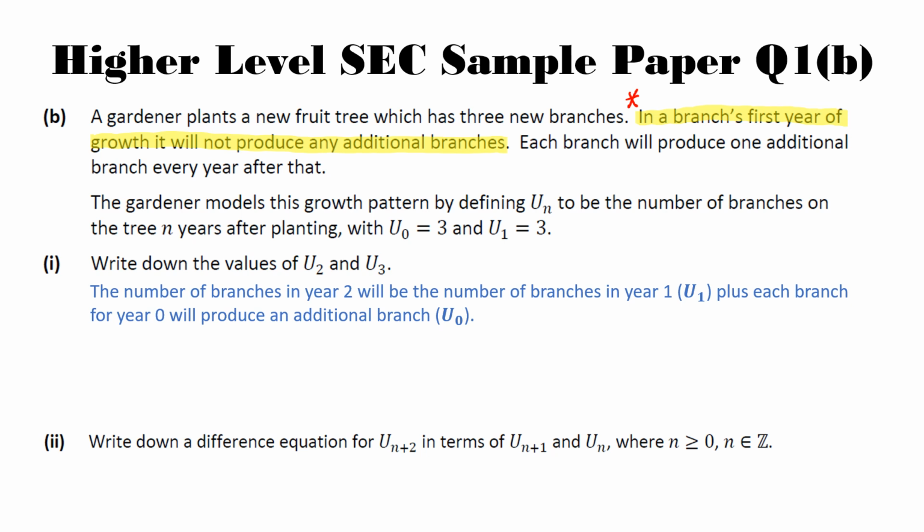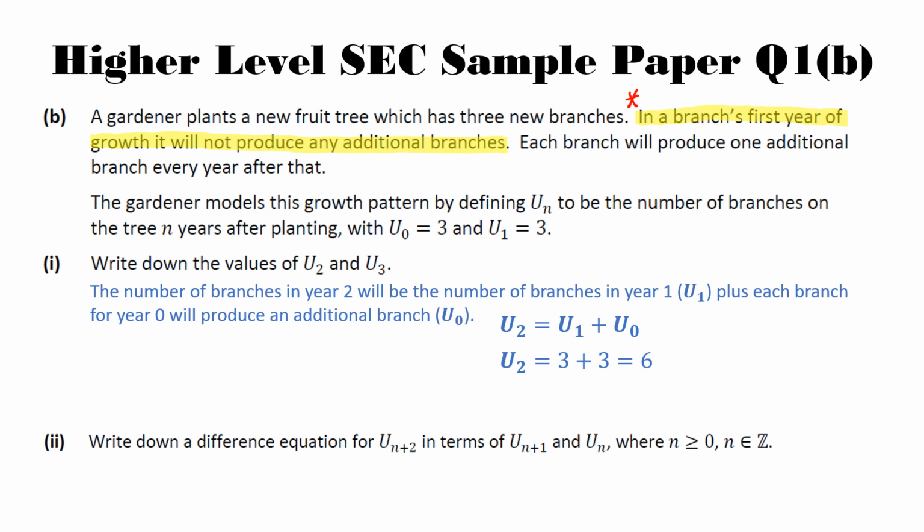So what you need to think about is everything that was there last year is still there, plus anything that's over a year old, so really 2 years plus, is going to now produce a branch. And that gives us U2 is equal to U1 plus U0. Now, for us U1 and U0 were both 3, so that gives us our 6 branches.